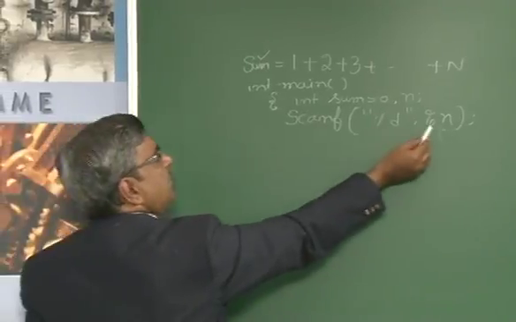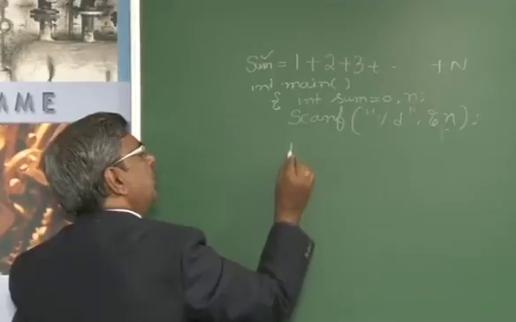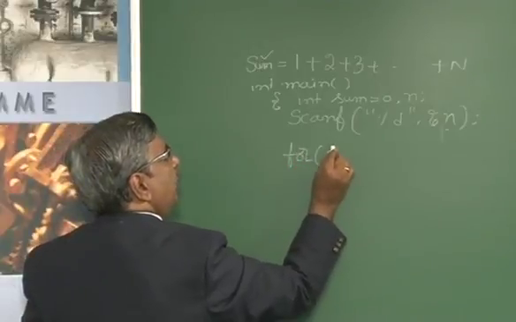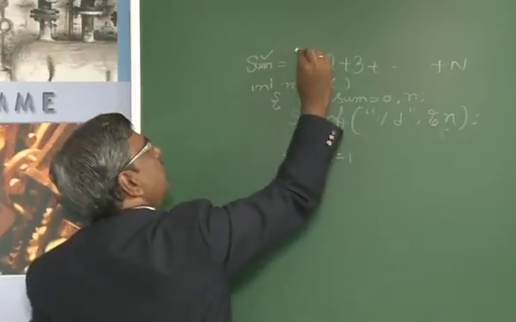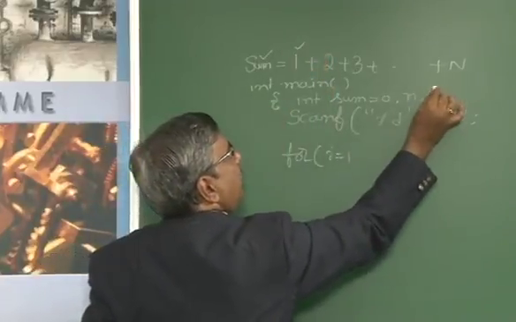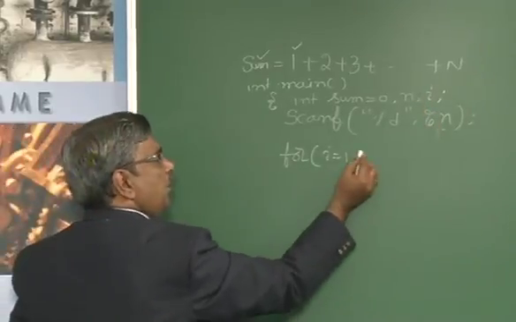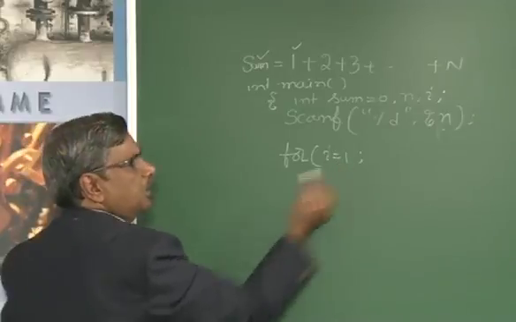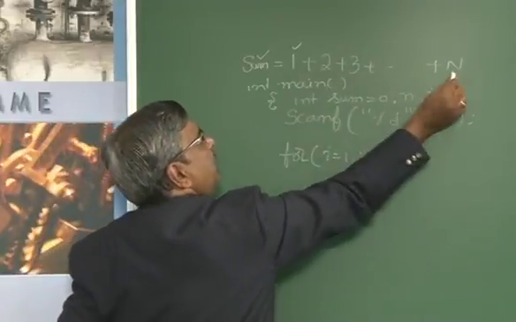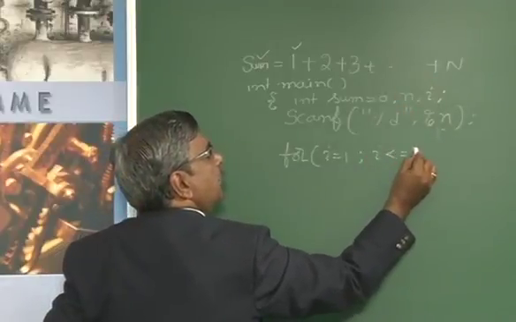Now the user will give the value of n. Up to n you have to sum your series. So here you can use your for loop. For, I am using one variable I initialized to 1 because it starts from 1. I declare this variable I as an integer variable, put a semicolon, and the initialization part is over. Now you put a condition, until this variable reaches n: I less than or equal to n.